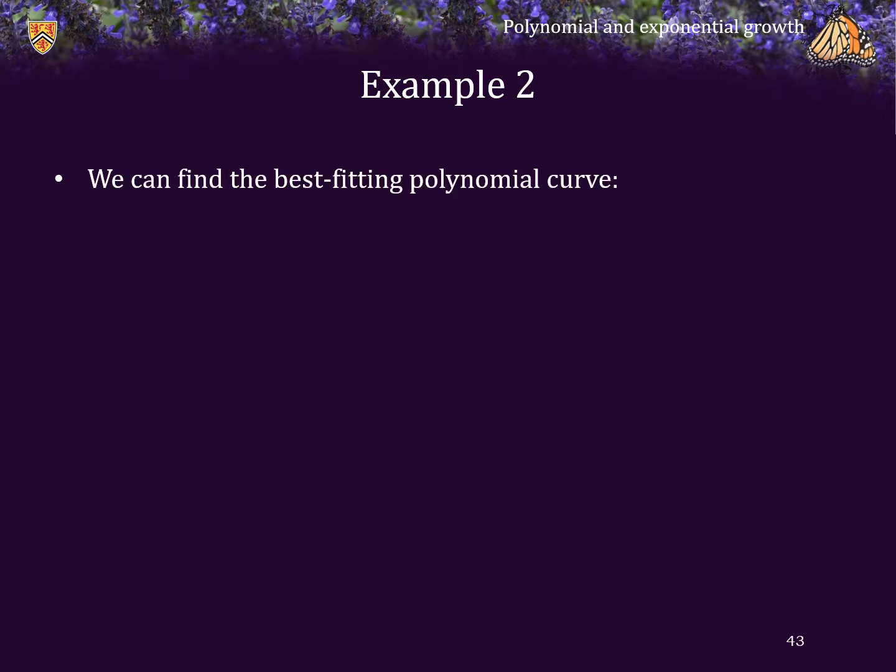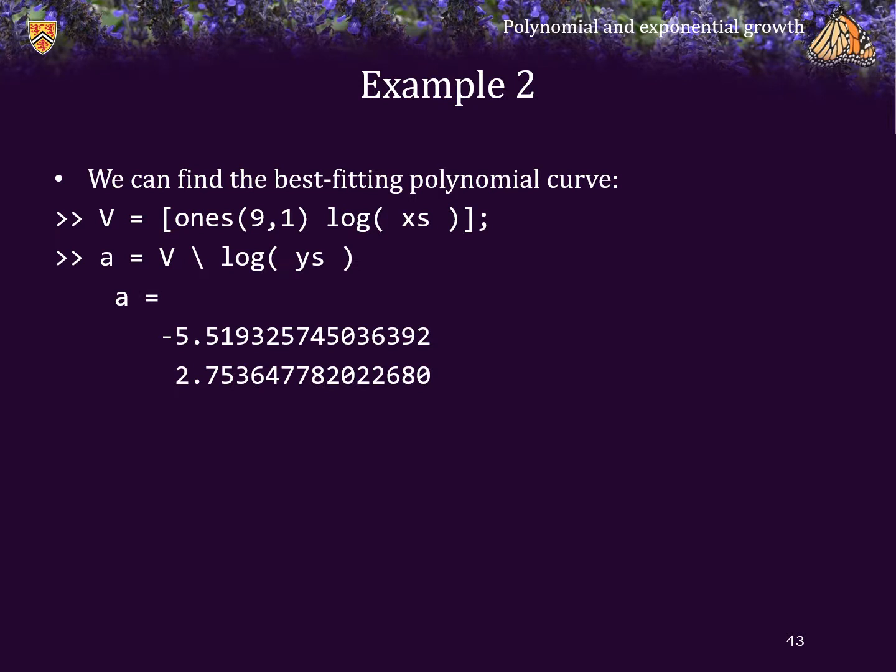We can now find the best fitting polynomial curve. At this point, the Vandermonde matrix has a column of 1s for the constant function and a column of the logarithms of the x values, because we're finding the best function that matches log of x versus log of y. We can find the coefficients.